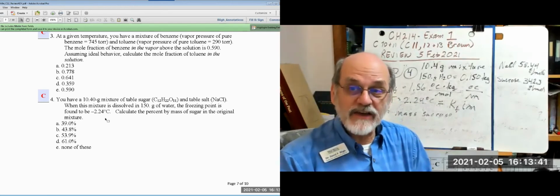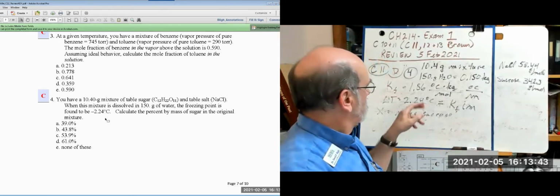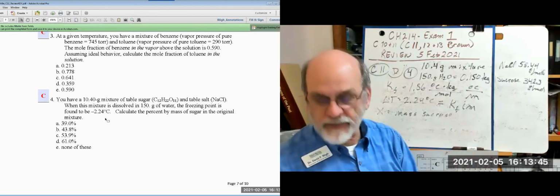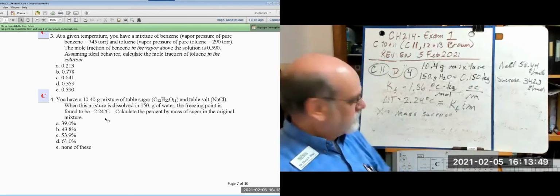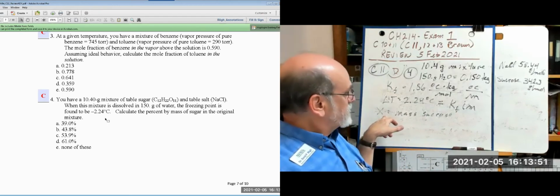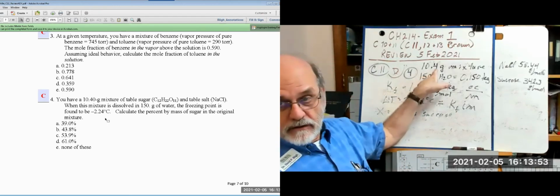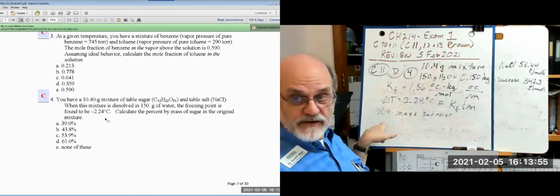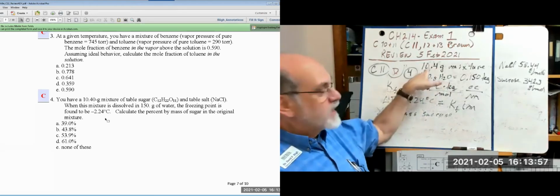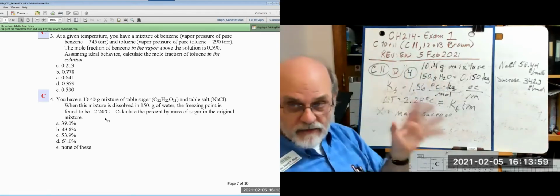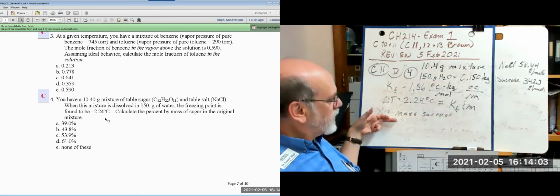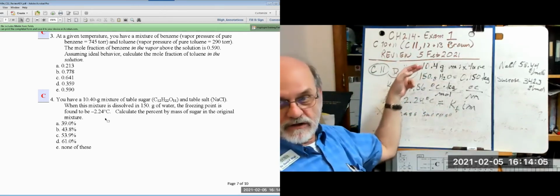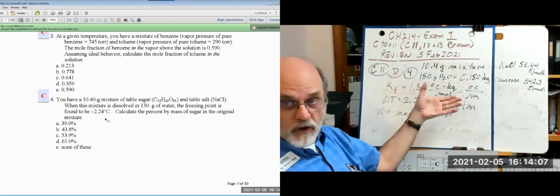Because the question asks for percent composition in the original mixture of sucrose. So we want to find out what this is. We know what the total is. If we can find this, then we ratio it to that times 100, and we have our answer. So we're solving for a component in that calculation. That's why we let X equal sucrose.